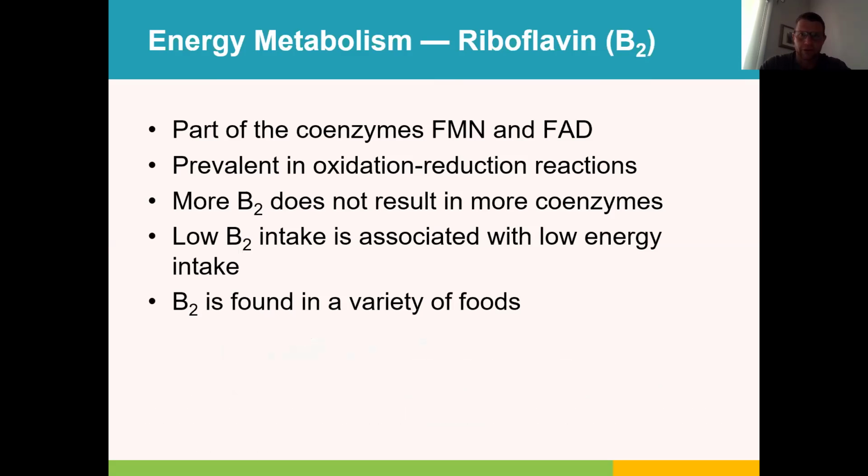All right, so riboflavin, B2, is part of the coenzymes FMN and FAD, which you see a lot of in the citric acid cycle or Krebs cycle, prevalent in oxidation reduction reactions. More B2 does not result in more coenzymes. Low B2 intake is associated with low energy intake, and B2 is found in a variety of foods.